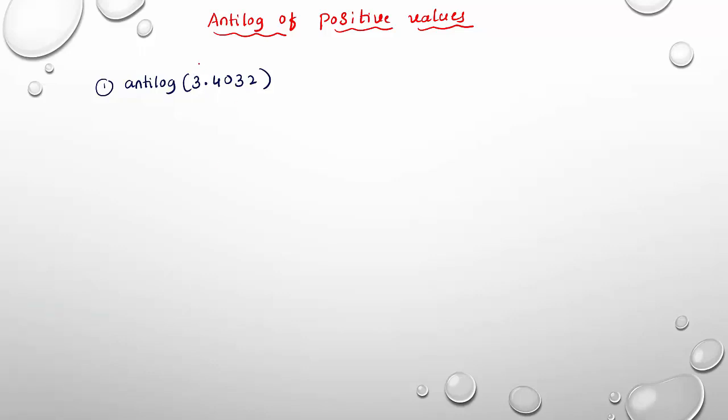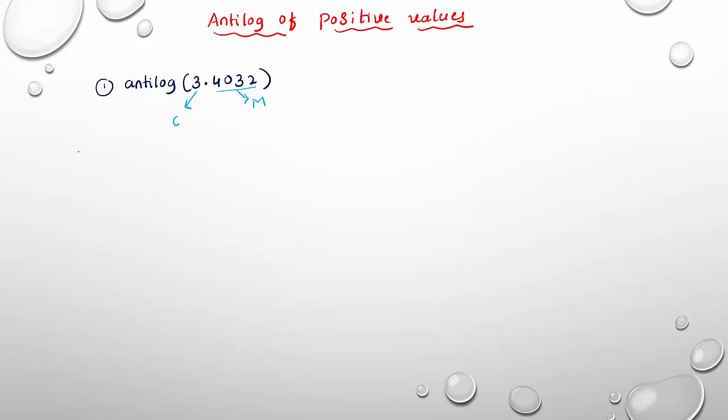So before that I am going to divide this value into two parts. The number before the decimal point is the characteristic, we already know that. First I am going to write the characteristic separately. This is one part, and the right side of the decimal point we are going to call the mantissa, and this is the second part of the given number.